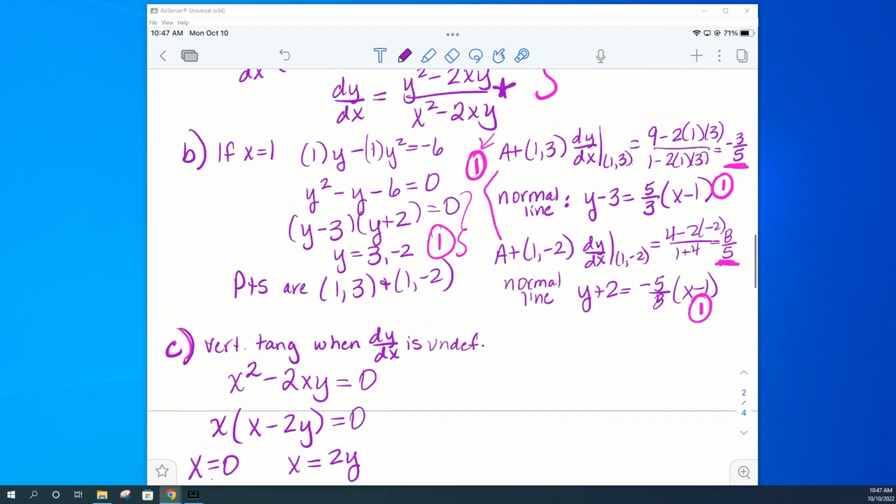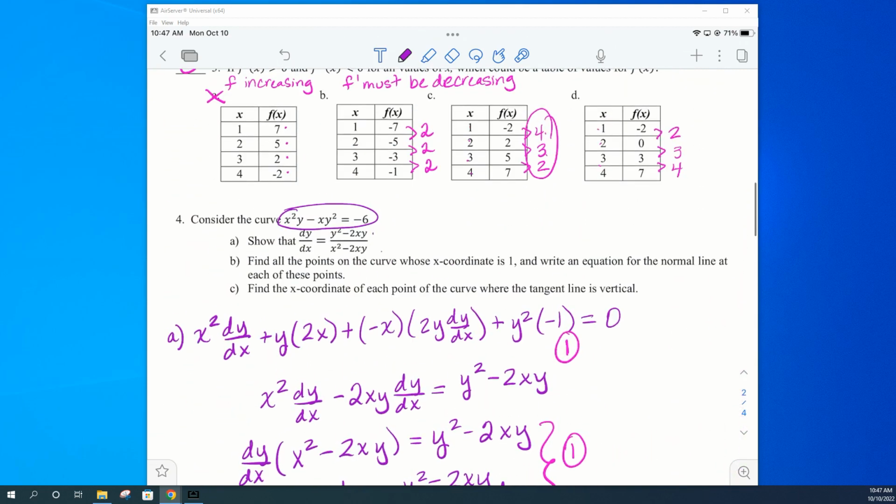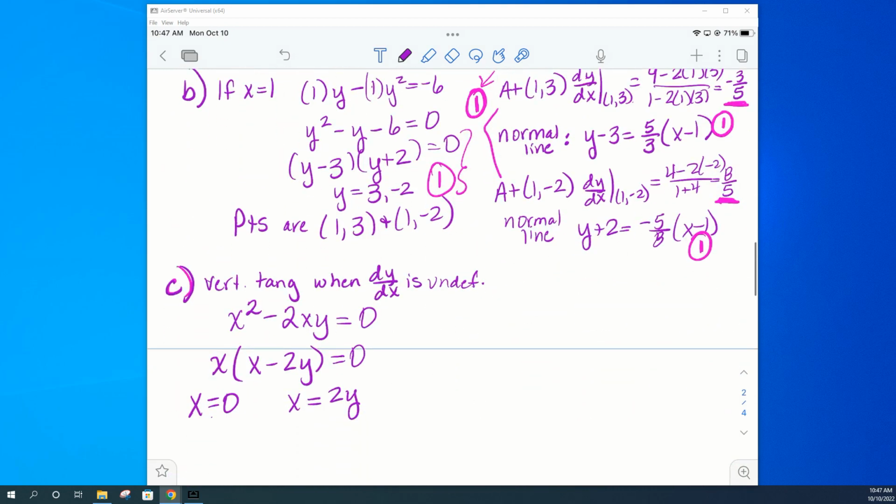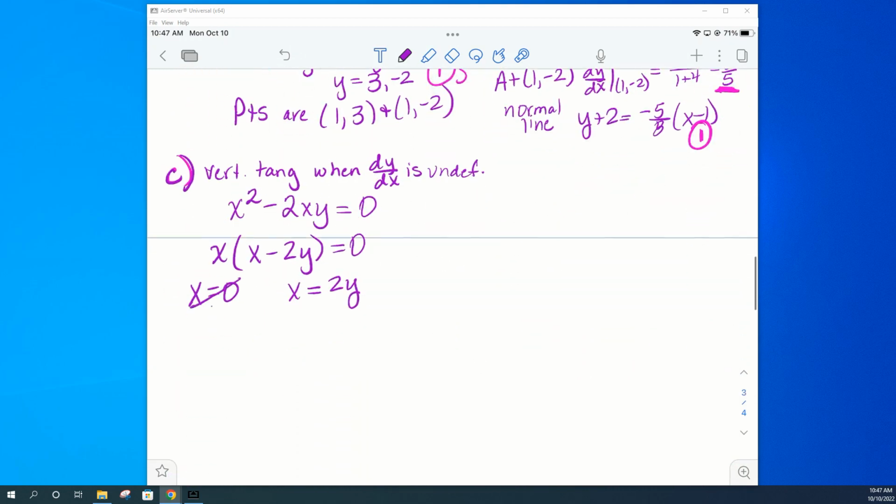But if you go back to the original, when you have to find where the tangent line is a certain value, you have to make sure there is a point on this curve when x is 0. If I put in x is 0, I would get 0 minus 0 is equal to negative 6? That doesn't even make sense, meaning there are no points where x equals 0. So I have to check that. Even though I get x equals 0, there are no points like that.